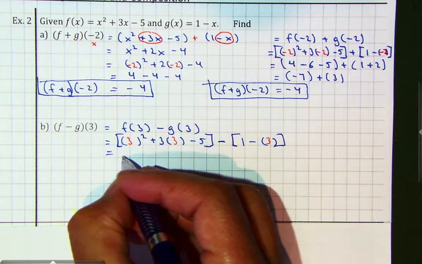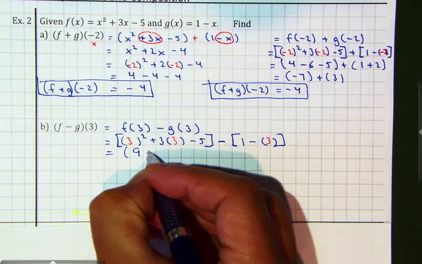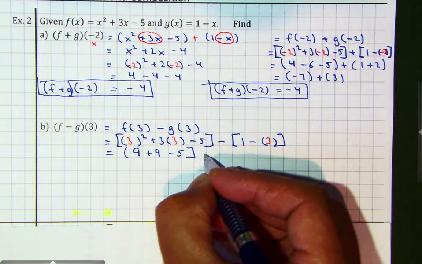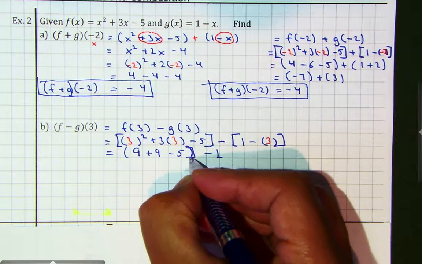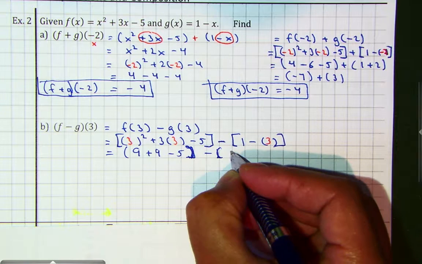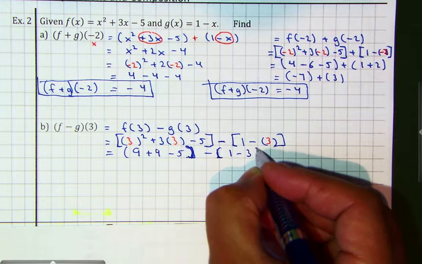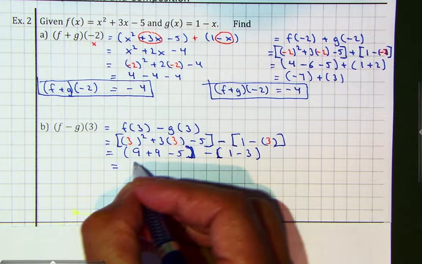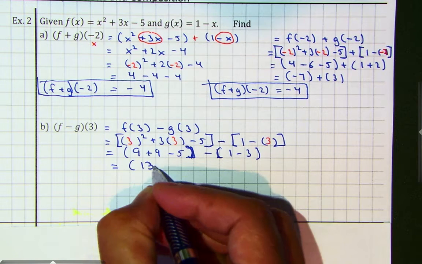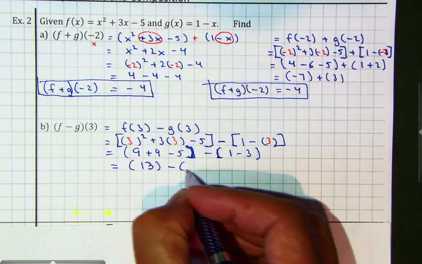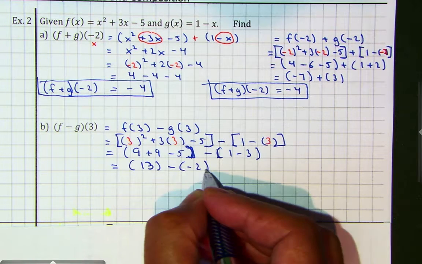So that gives me 9 plus 9 minus 5, minus parentheses 1 minus 3. So that gives me 18 minus 5, which is 13, minus -2, so it gives me positive 15.